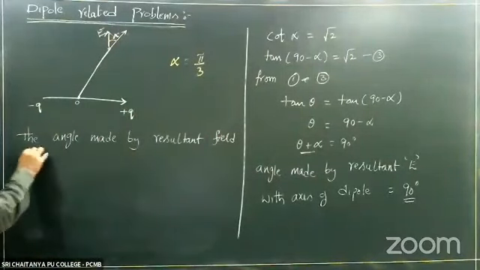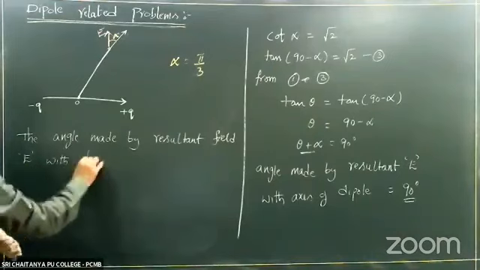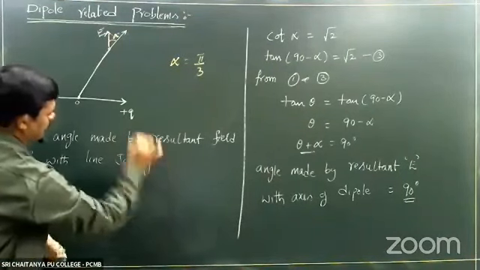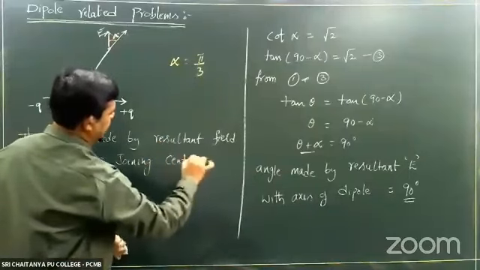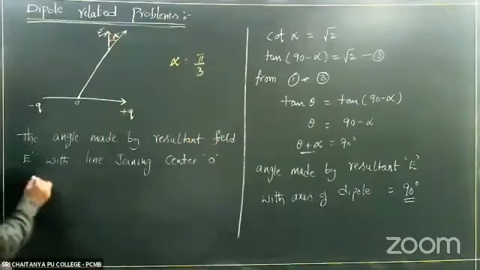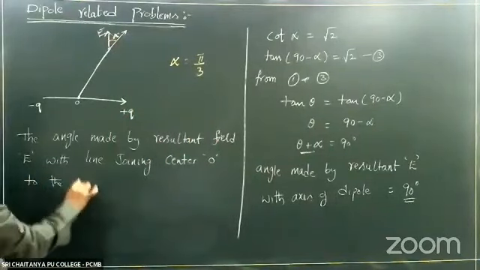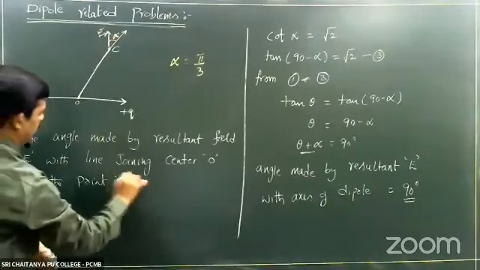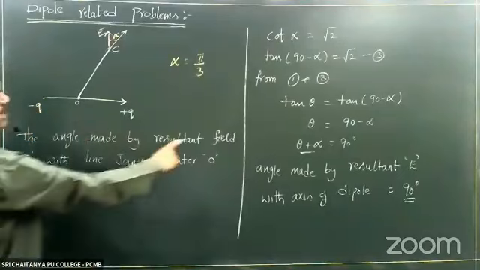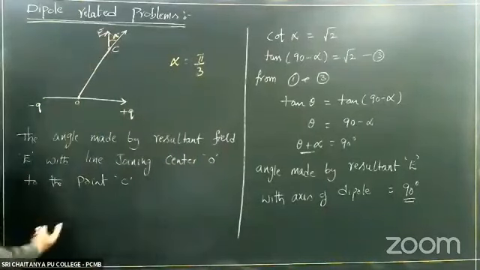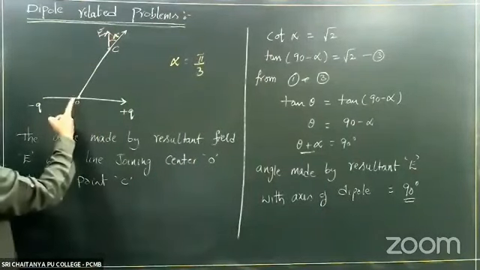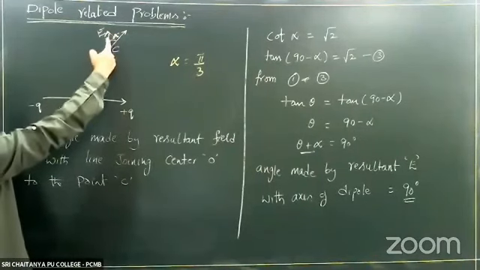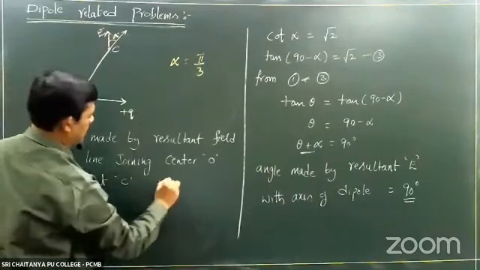E with line joining center O to the point C. The angle made by the resultant field E with the line joining O and the point C is alpha.